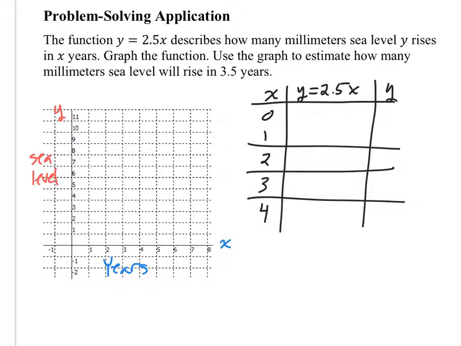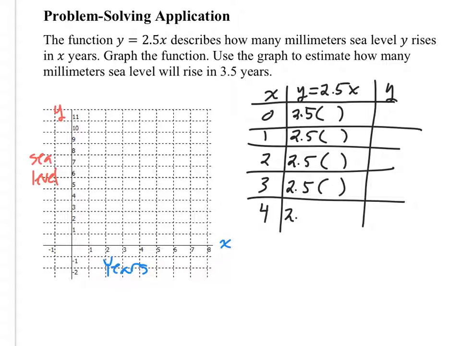I'm going to plug those values in and plot those points. So I've got 2.5 times something. We're going to plug in our x values of 0, 1, 2, 3, and 4.